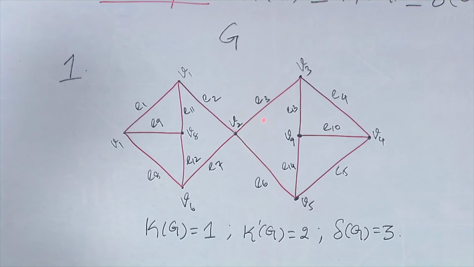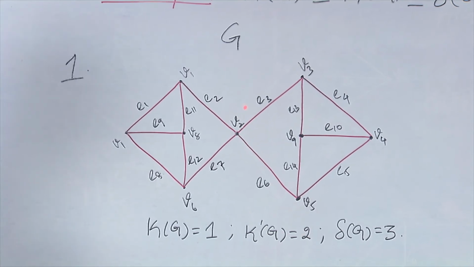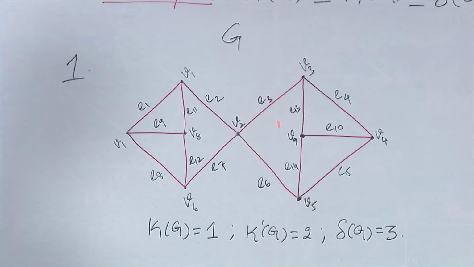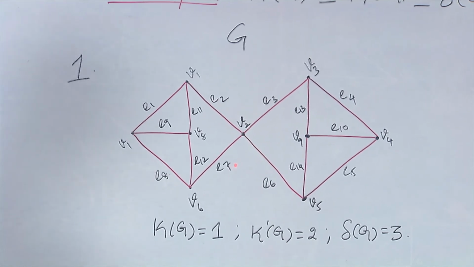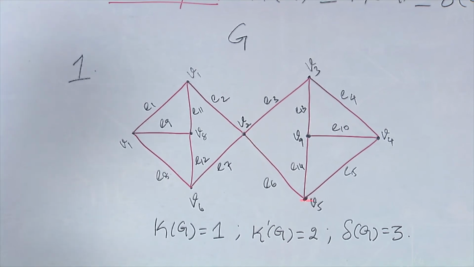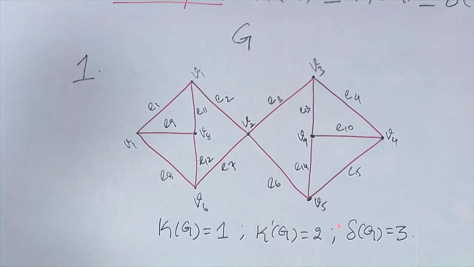So, the edge connectivity of this graph G is 2. Similarly, instead of removing E3 and E6, we can also remove edges E2 and E7, that will also result in a disconnected graph. And since it does not have a bridge, the edge connectivity cannot be equal to 1. Therefore, the minimum number of edges to be removed to get a disconnected graph is 2, that results in kappa dash of G is equal to 2.